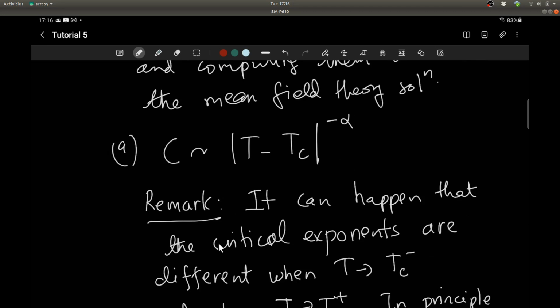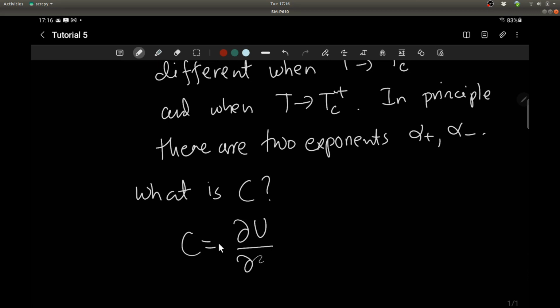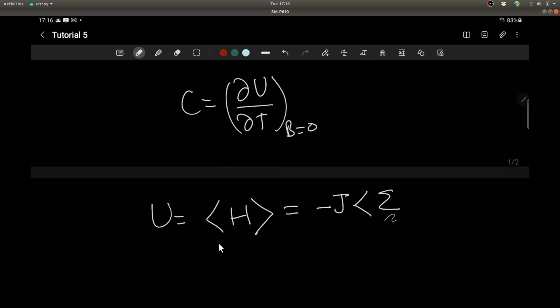Okay, so let's do the computation now. So what is C? And what is U? We need to compute U. So U is nothing but the expectation value of H. Let's say we want this at B equal to 0, and H with B equal to 0 is just minus J, expectation value, summation over nearest neighbors ij of sigma i sigma j.